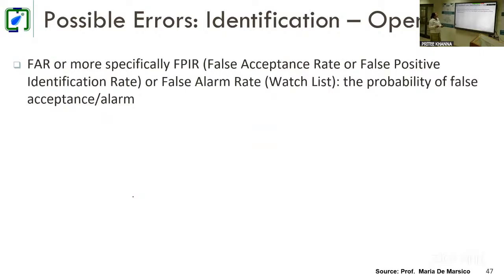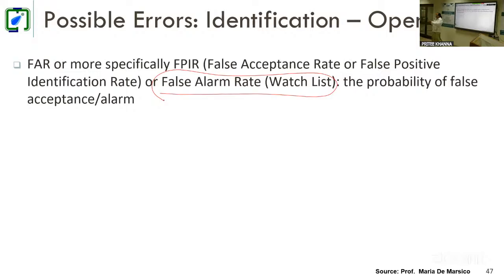So here we say false acceptance rate, or false positive identification rate, or you can say false alarm rate. Because false alarms are difficult, right? Your system is saying someone is in the watch list. Why don't people like to give biometrics?